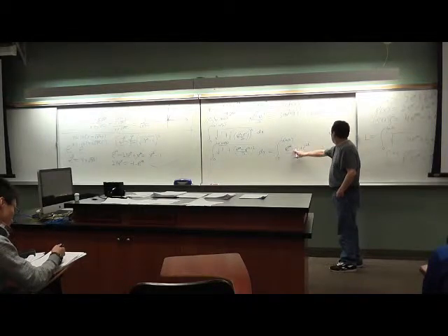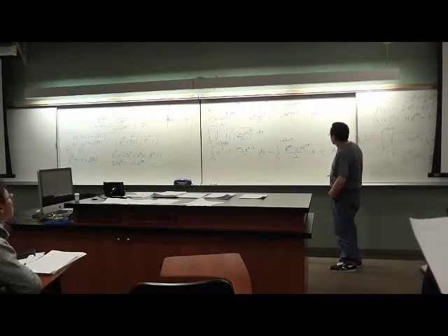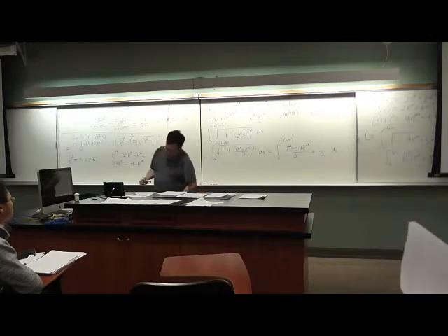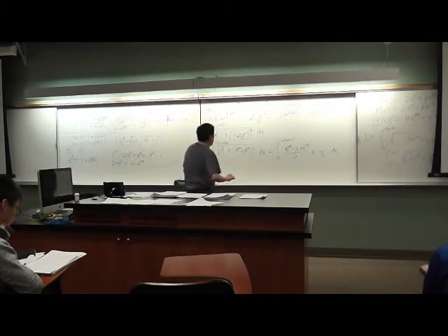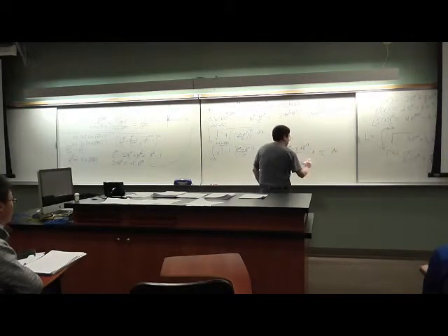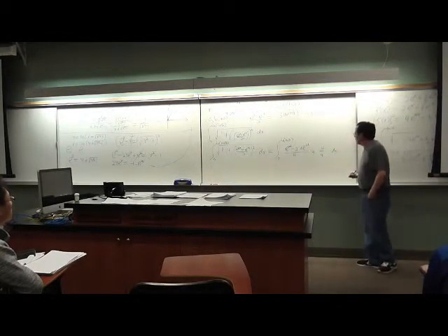Okay, so wait, hold on. I'm about to do something wrong, aren't I? Oh, I forgot something here. This is squared, so this is over 4. Okay, now it's going to turn out right.